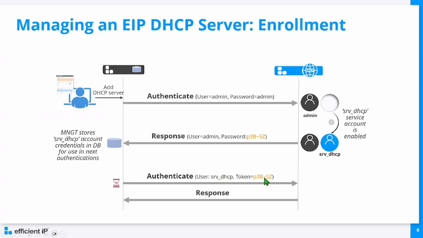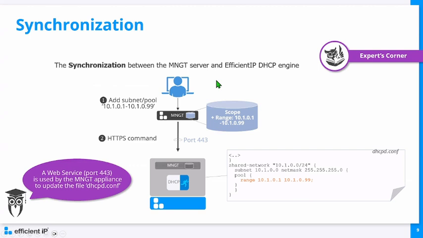And the recorded password in the management database. Okay, then, right? So same thing here, as I mentioned. When you manage the DHCP from the management server, whatever configuration you do on the DHCP server will be updated in the management database.